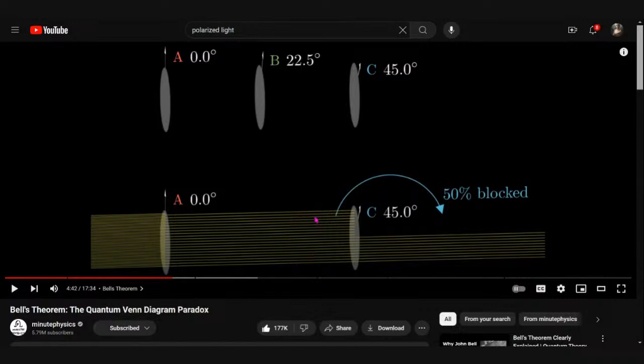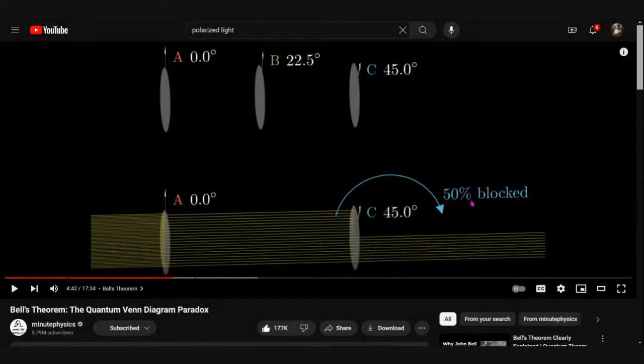Because of the guys here, 50%. Let's call this pre-A. So pre-A, some of them were at 45 degrees. 50% of them are here. All of the 45 degrees that are here, which is 50% of the 45 degrees that were here, will pass.